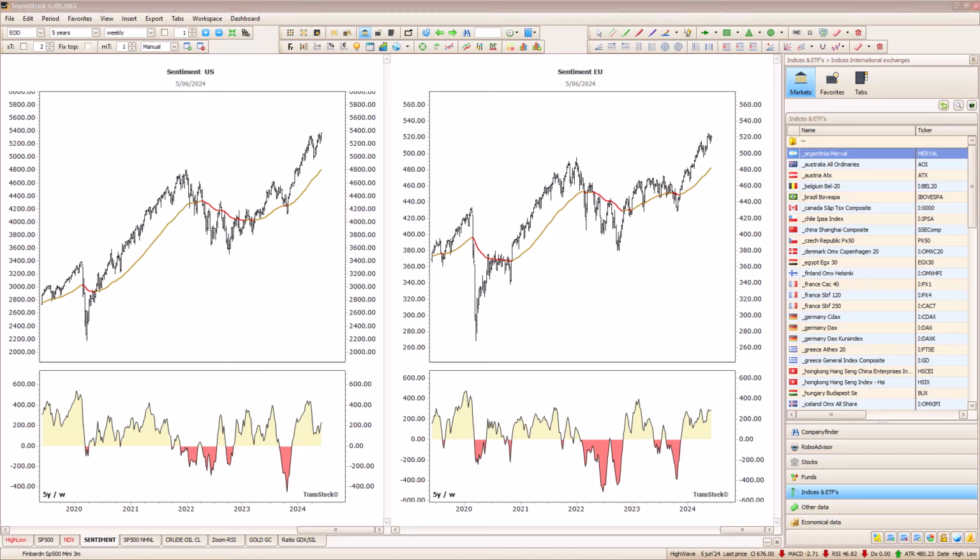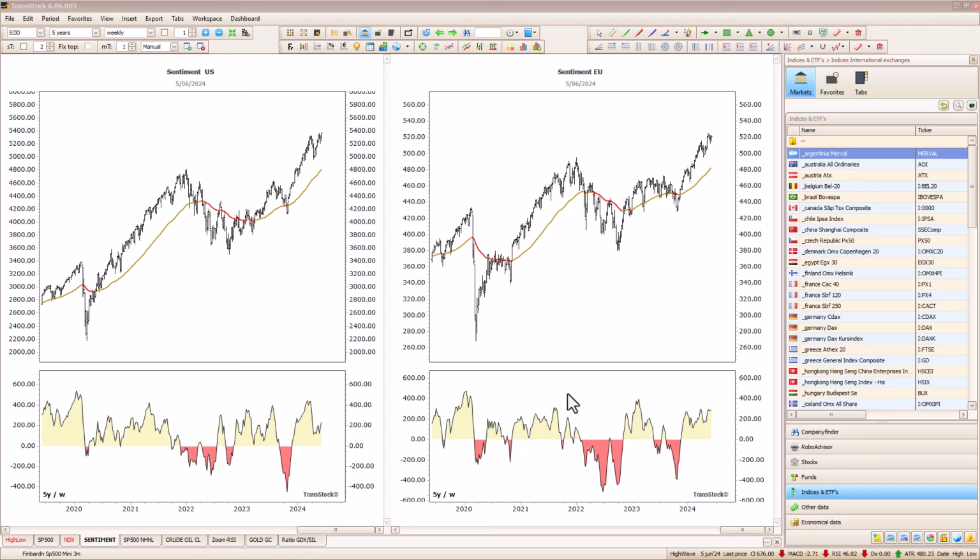Now, looking at Europe, you see a rising chart, and the momentum remains steady, meaning about the same number of stocks are participating in the rise, supporting the overall trend.